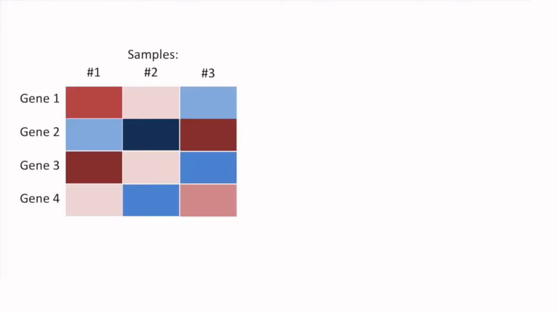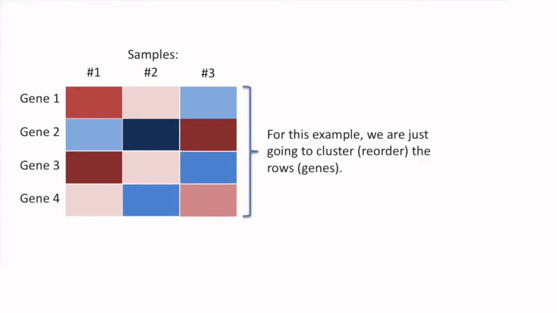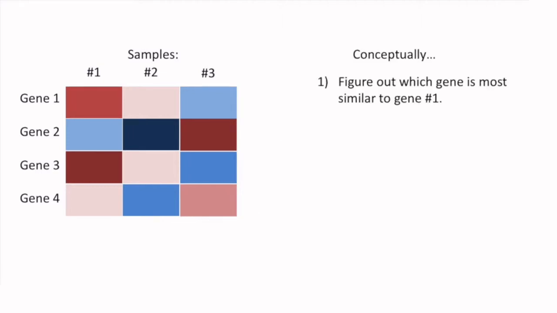So here we have a simple heat map that has 3 samples and 4 genes. For this example, we are just going to cluster or reorder the rows, or the genes. Conceptually, the first step is to figure out which gene is most similar to gene number 1. Genes 1 and 2 are different, we can tell because the colors are very different. Gene 1 is highly expressed in sample number 1, so it is red.